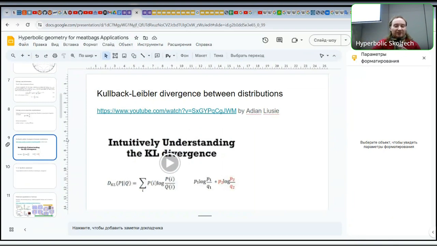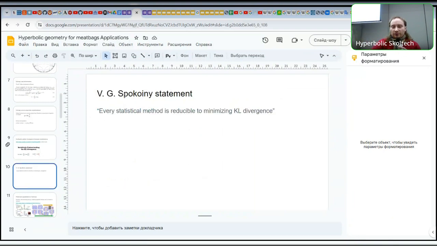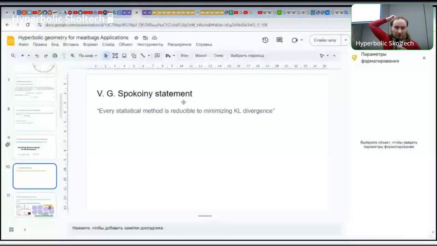Actually, okay. So first, let me mention several notions about entropy. My favorite lectures on statistics, which can be found on the web, are actually in Russian, from Vladimir Spokoiny: every statistical method is reducible to minimizing Kullback-Leibler divergence.